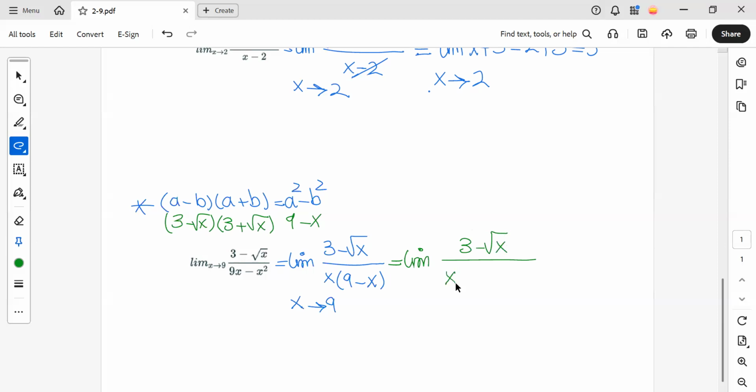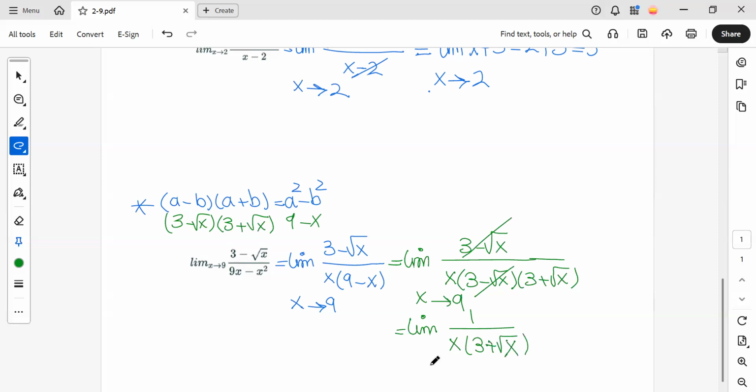And for the bottom, instead of 9 minus x, I would write 3 minus square root of x times 3 plus the square root of x when x is approaching to 9. So I can simply cancel these two, and I'm left with 1 over 3 plus square root of x when x is approaching to 9.